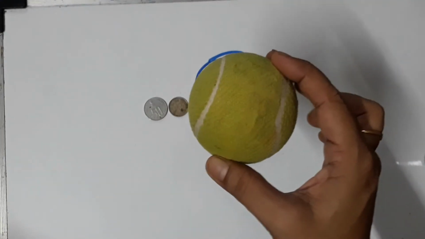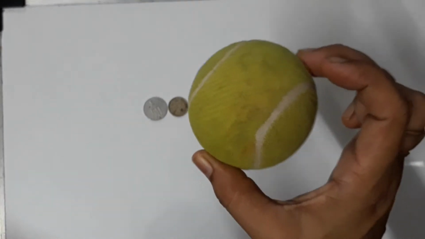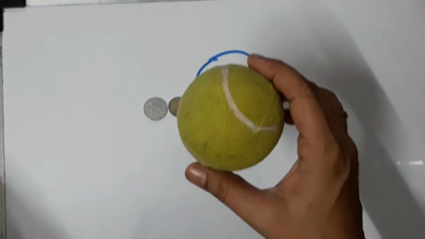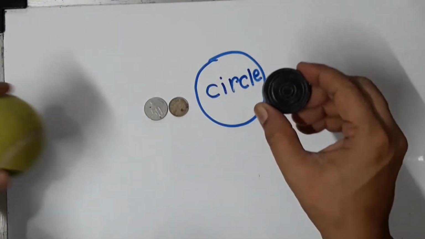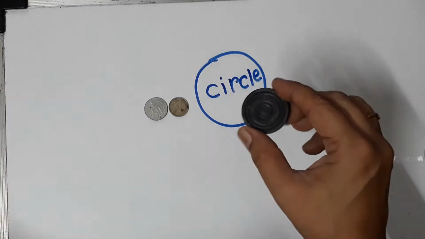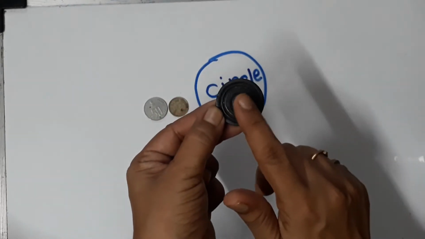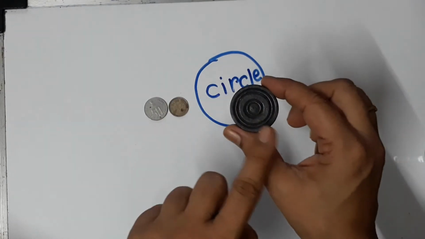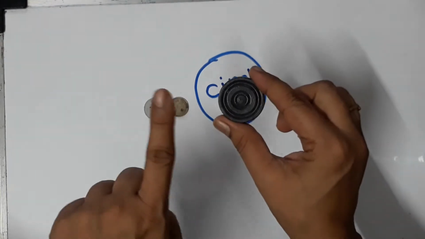This is a sphere. Yes, students, a ball is a sphere shape. But if I take a carom board's coin, is it a sphere or a circle? This is a circle. This is not a sphere.